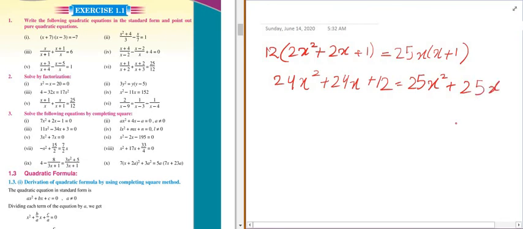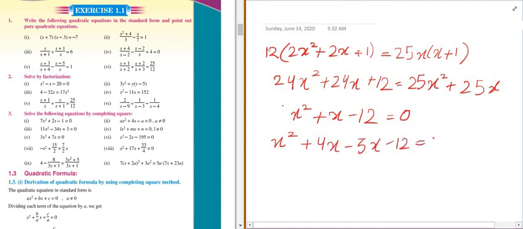Now just shift some terms to one side and add or subtract the like terms. This becomes 25 minus 24 is x square plus x minus 12 equals 0. This is our quadratic equation. What are the factors? AC is 12, 3 and 4 are the factors for it. x square plus 4x minus 3x minus 12 equals 0.